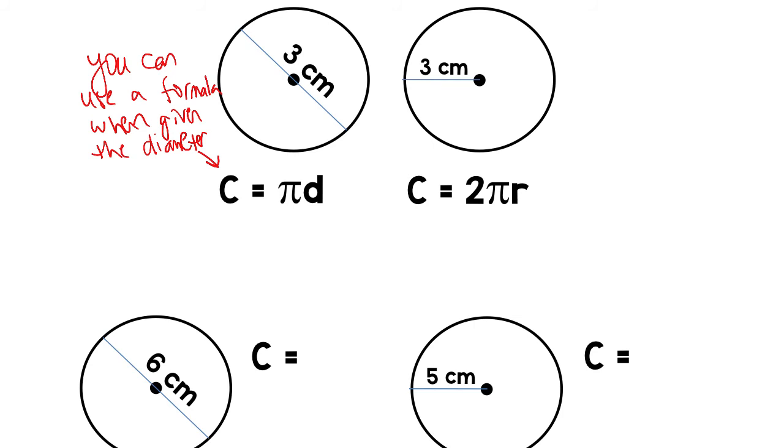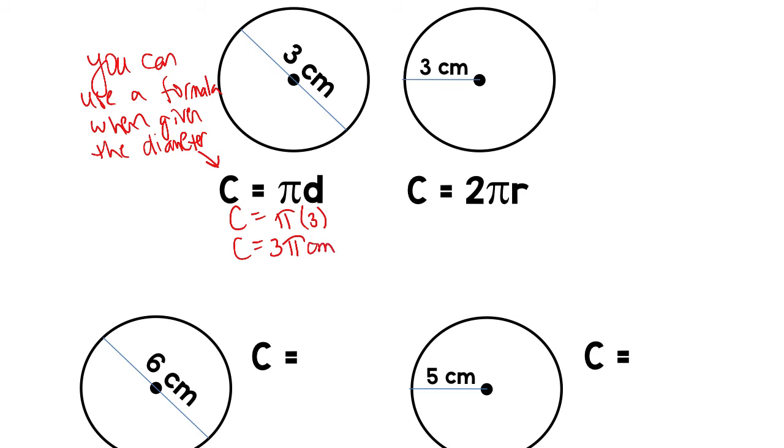That one includes the diameter. C equals pi d. So for this circle, the diameter is 3, so our circumference is 3 pi centimeters.